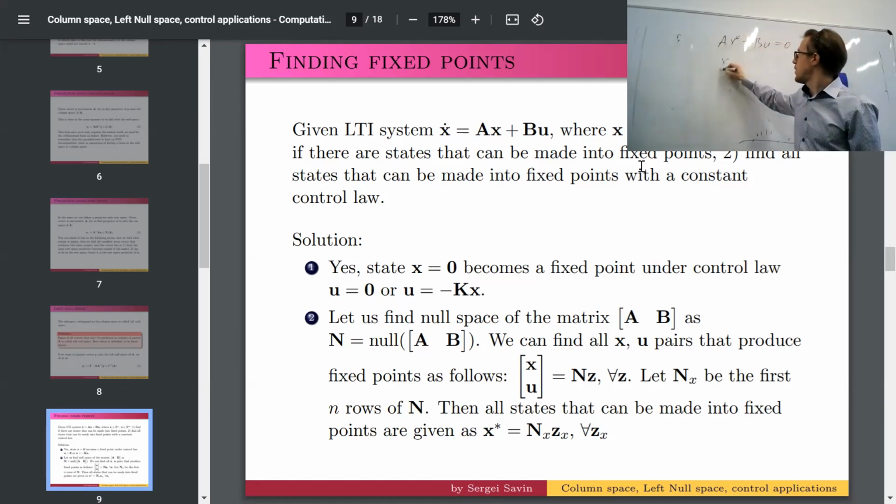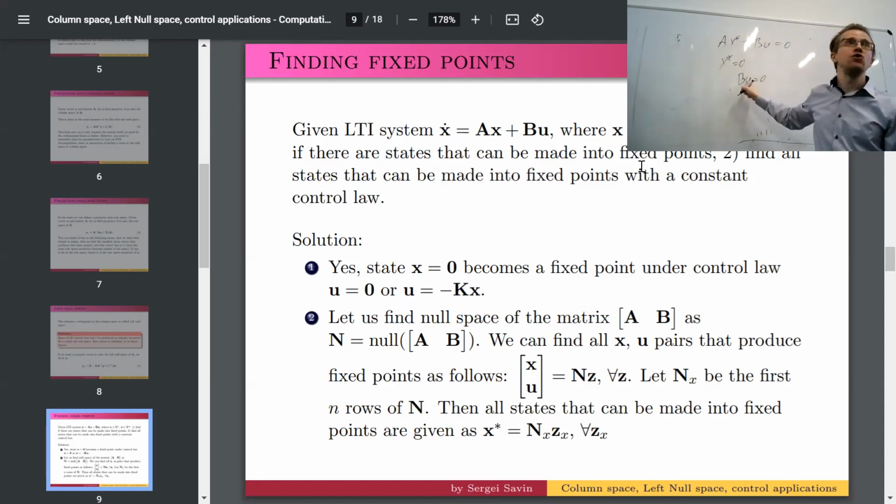If x star is equal to 0, then what we have is Bu equal to 0, and for u equal to 0 this is true, or for u equals minus Kx, which would still be 0, this will be true. So it is possible to basically stabilize the origin. That is always true for this type of system.